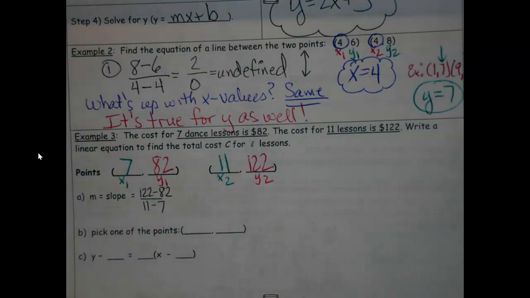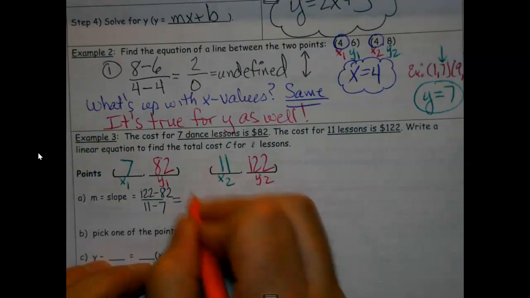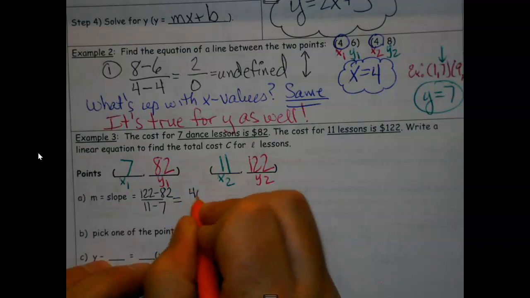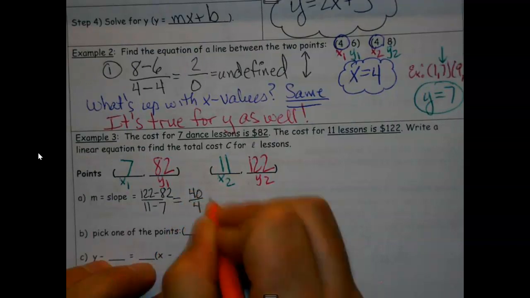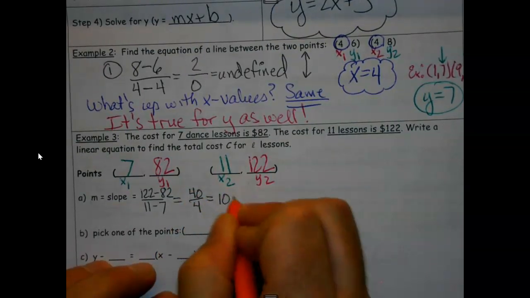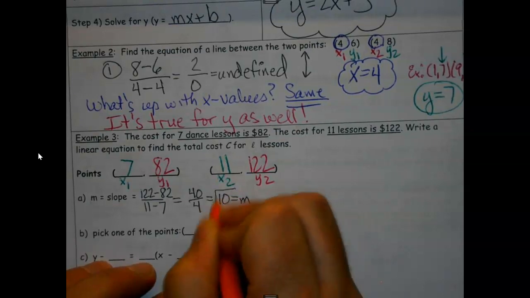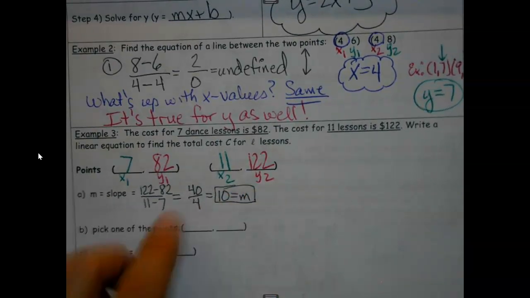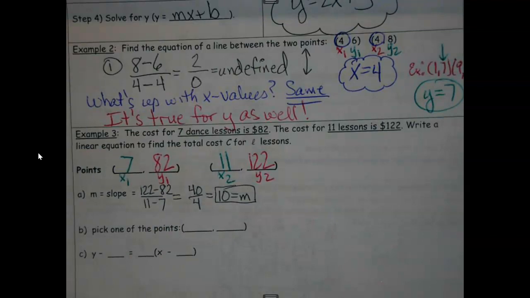Again, we got to keep them in order though. Y's on top, x's on the bottom. Reduce it as much as we can. Might you get a fraction sometime here? You might, but if it cleans up, we need to clean it up. Get that set. So my m is going to be 10.